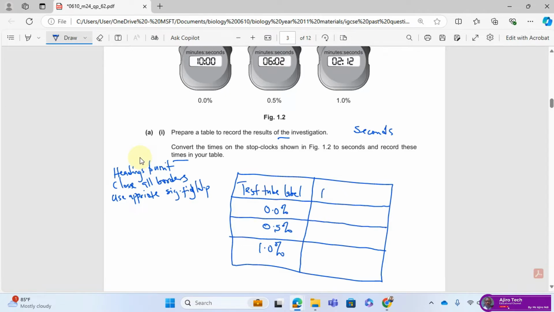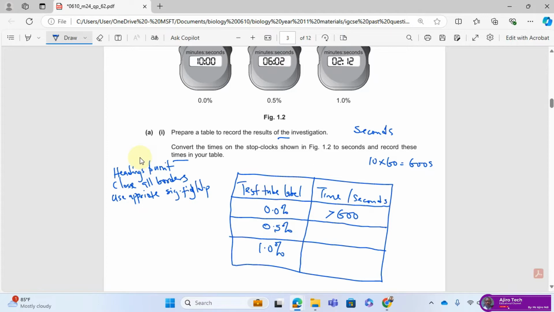And here we have time in seconds. So for the first one, they said we recorded it after 10 minutes, it's recorded as above 600. Of course, 10 minutes will be 10 times 60, that will be 600 seconds. So we have above 600.